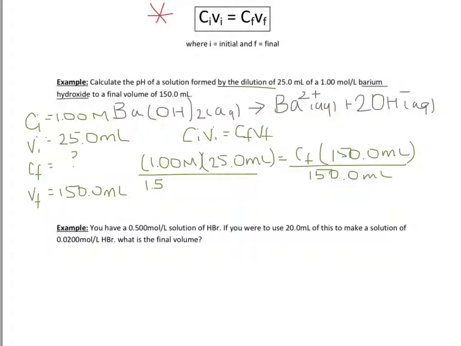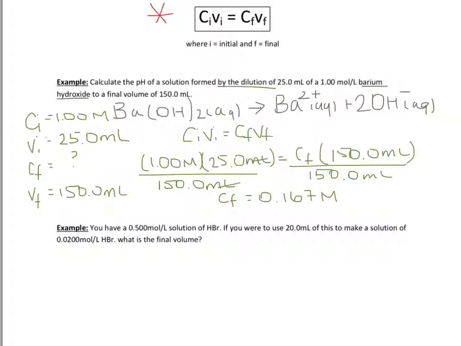Notice that when we do this, we have milliliters over milliliters, so it's okay that we did not convert to liters because the milliliters will cancel out. When we do so, we are going to get a final concentration of 0.167 molar. This would be all you have been responsible for in Chemistry 2202.